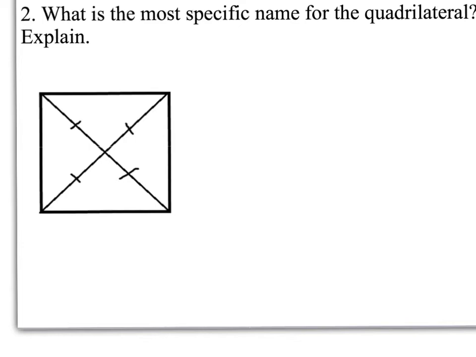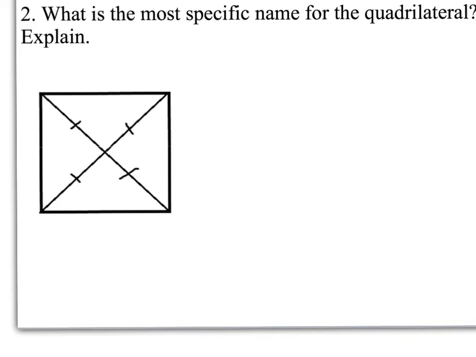Explain what the most specific name for this quadrilateral is. So as I was saying before in class, you want to start general and then work your way specific. So you want to start with the big circle. We're in quadrilaterals. Okay. Then you want to narrow it down. Well, is it a parallelogram? Is it a trapezoid? Is it a kite?